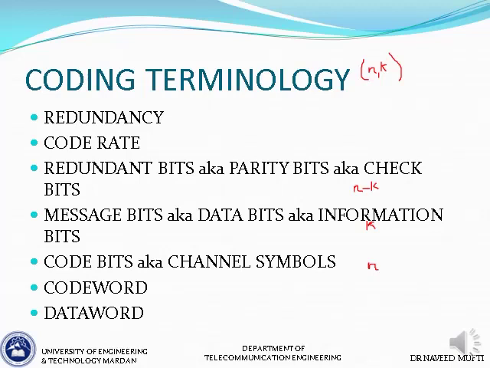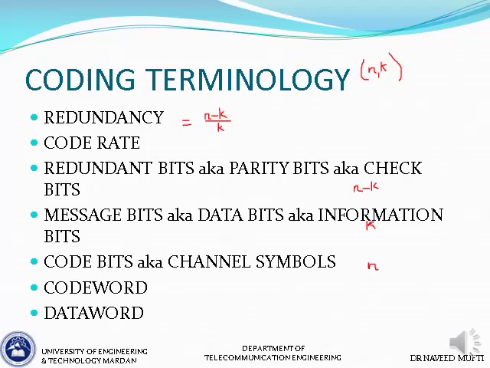So coming back to our definition of redundancy, which is defined as the ratio of parity bits to data bits, based on these values, the value of redundancy is basically equal to n minus k, which is the number of parity bits, divided by k, which is the number of data bits. So this is redundancy, and as I said, sometimes it gets multiplied by 100 if we want to express the redundancy as a percentage.